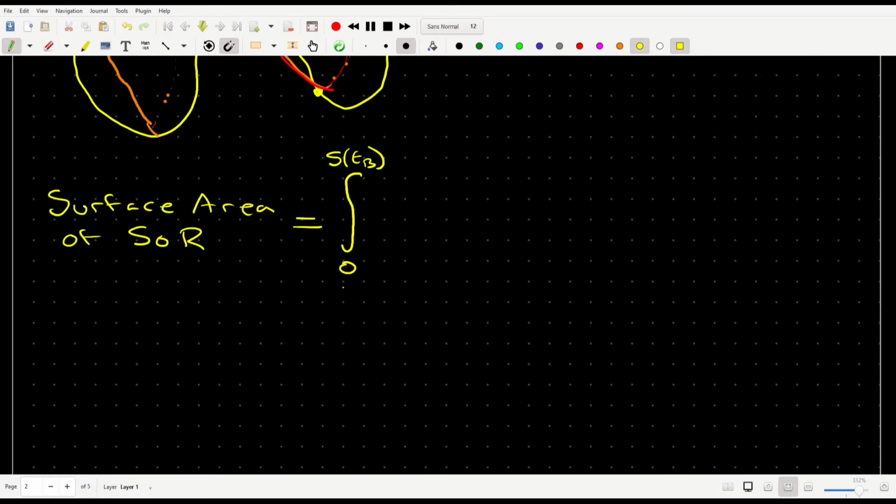It's the integral from 0 to s of tb of the circumference 2 pi times y of s ds.